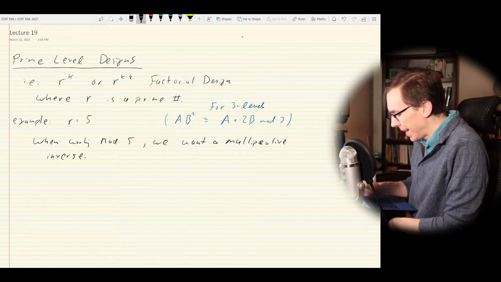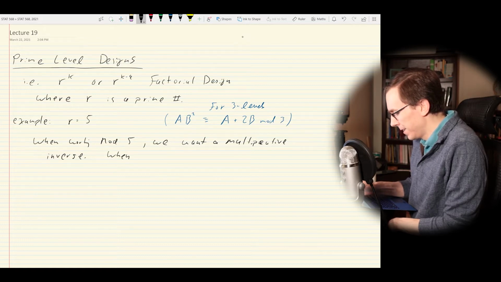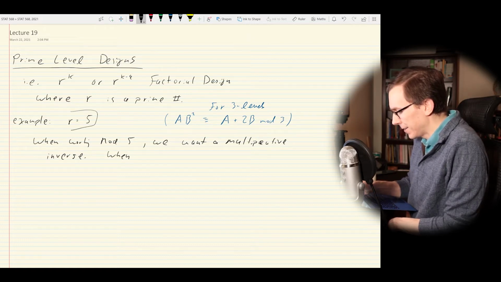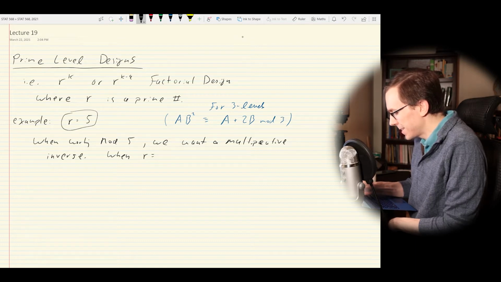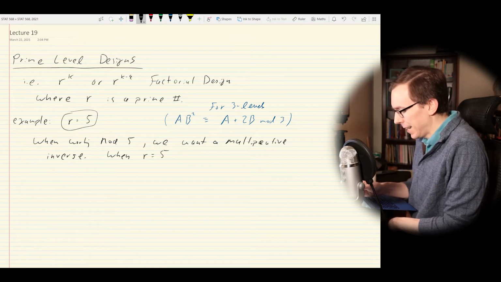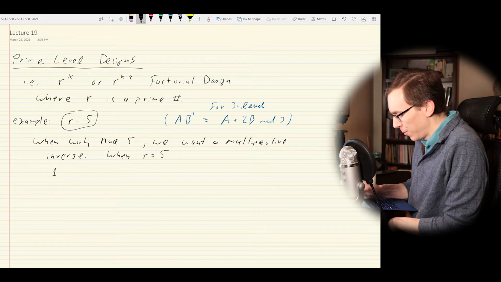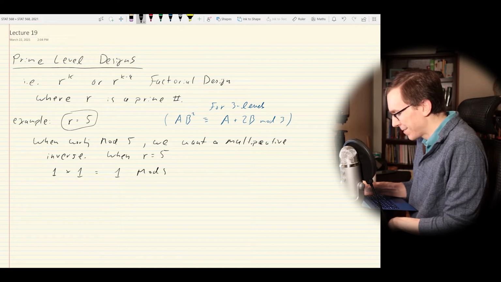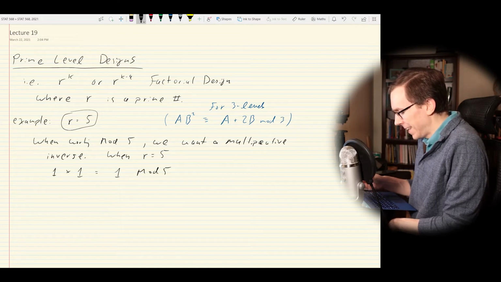So what I mean by that is, I already kind of set it up here, but we'll just say it again. When r is equal to 5, what do we get? We get that 1 times 1 is equal to 1 mod 5. Okay, that's great.